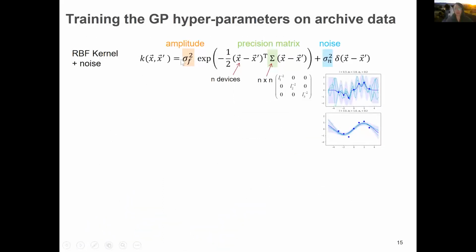For the work I'll present next, we chose the radial basis function kernel, which has this form, plus a noise kernel. Highlighted here in different colors are the different hyperparameters that need to be tuned. We have the amplitude of the kernel, and this precision matrix, which is basically a diagonal matrix of the inverse length scale squared.